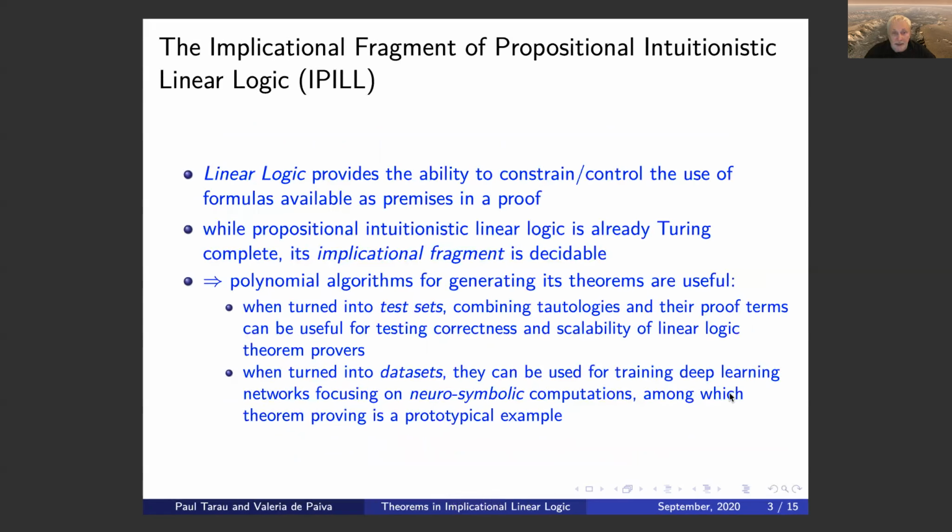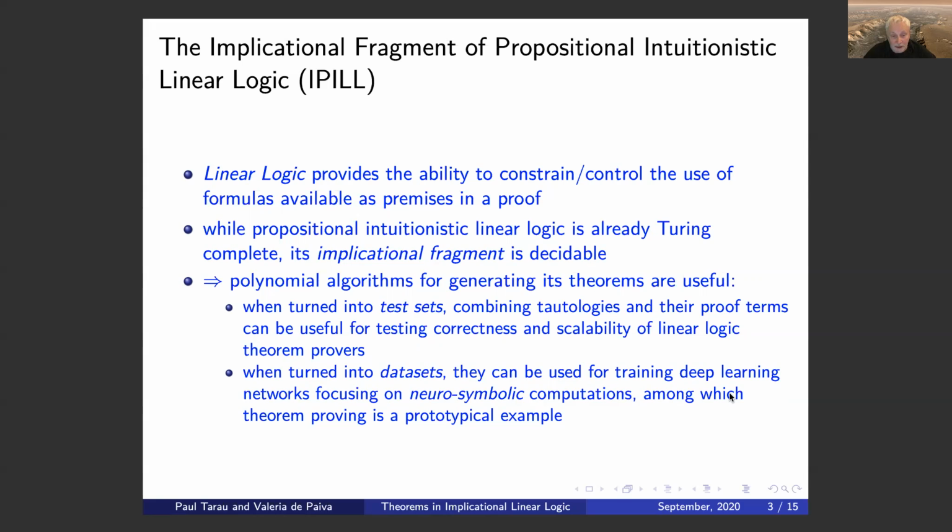Okay, the implicational fragment that we will be talking about. Linear logic provides the ability to constrain and control the use of formulas available as premises in a proof. While propositional intuitionistic logic is already Turing complete, its implicational fragment is fortunately decidable, and in fact, polynomial algorithms exist for that.